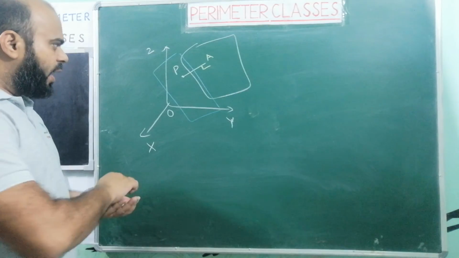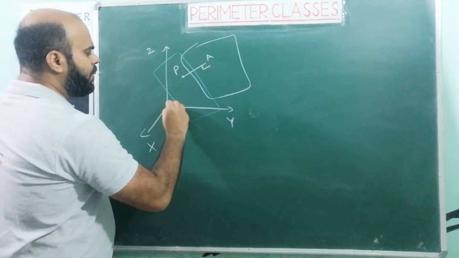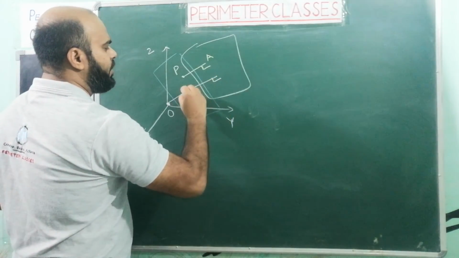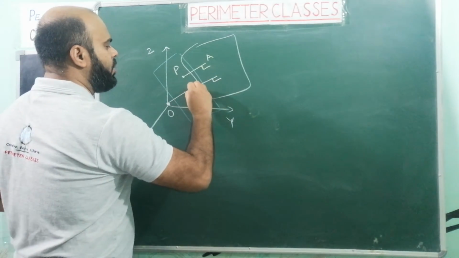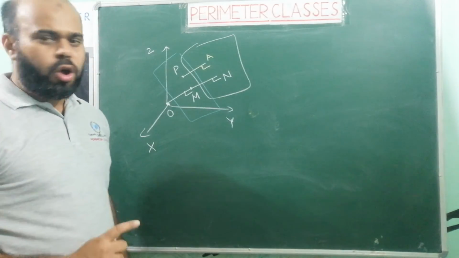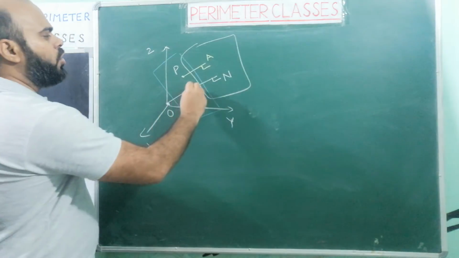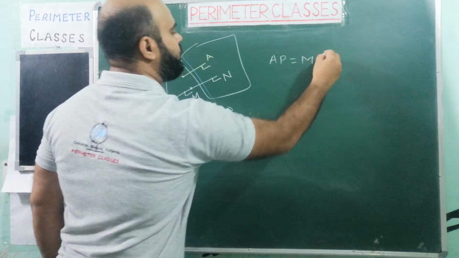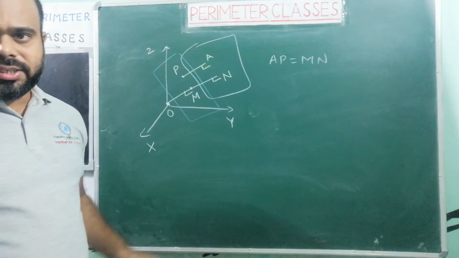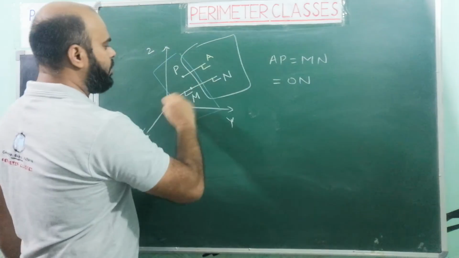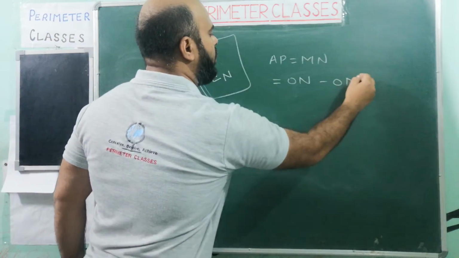Now here you will find a perpendicular from O on the blue plane as well as the white plane. Here it is M, here it is N, the feet of perpendicular on the two planes. So here you have to find AP, which is equal to MN. Now MN is equal to ON minus OM.